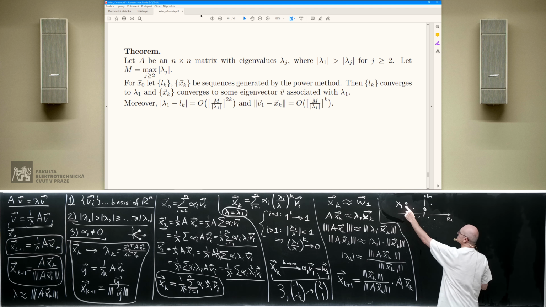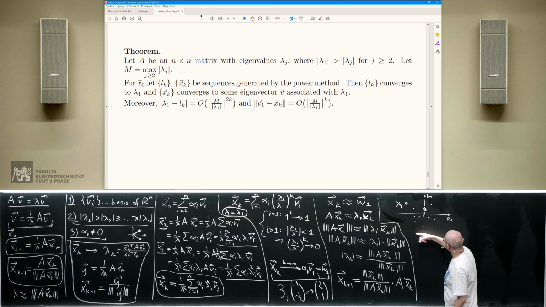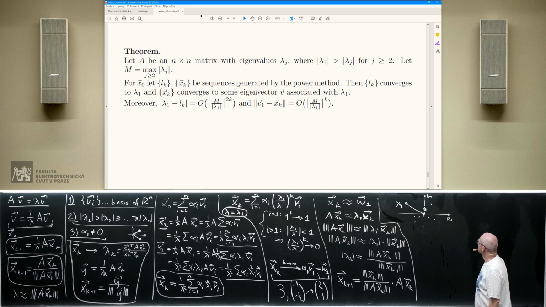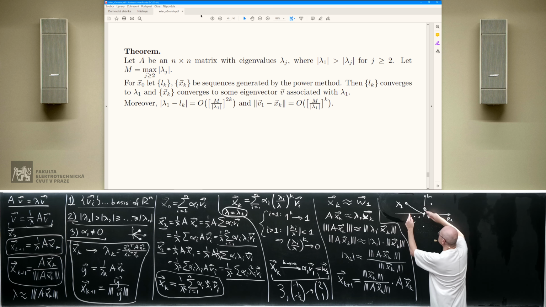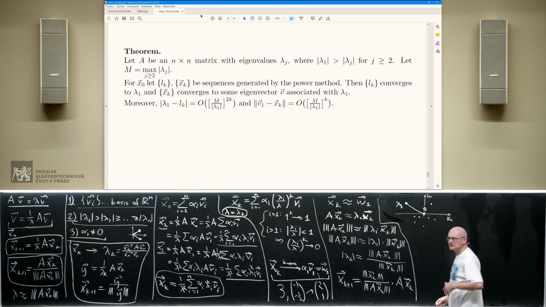And because this one is the largest, these other eigenvalues must be in a circle whose radius is given by the magnitude of lambda 1. Okay? And this is, by the way, called the spectral radius, and now you see why it is called the spectral radius. First of all, the set of all eigenvalues is called the spectrum of a matrix. And the spectrum is lying inside a circle whose radius is the spectral radius. So that was easy.